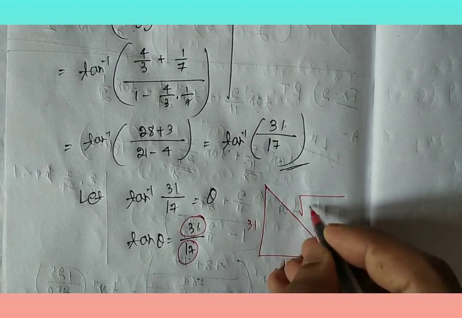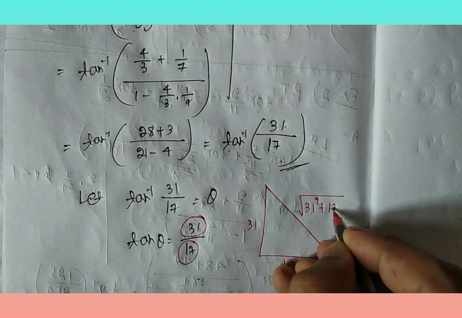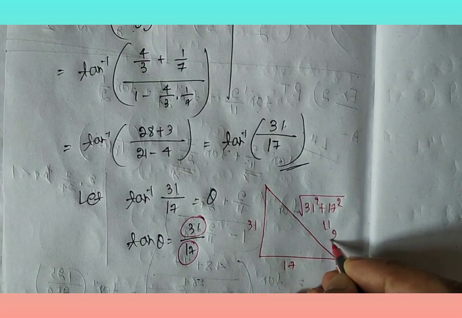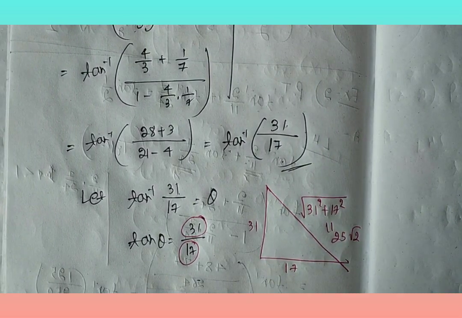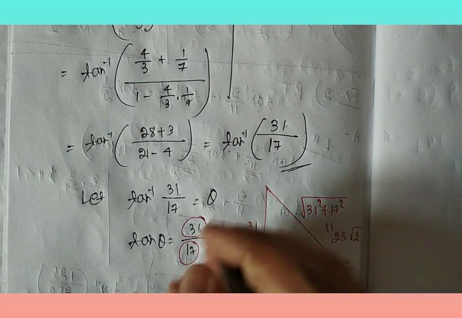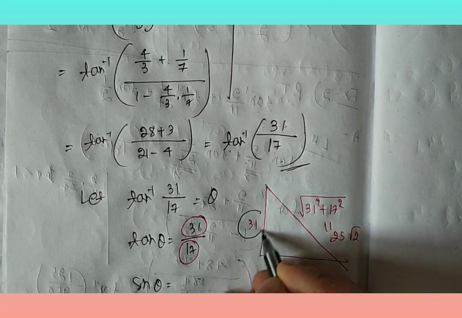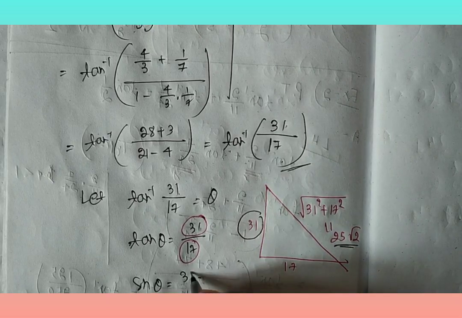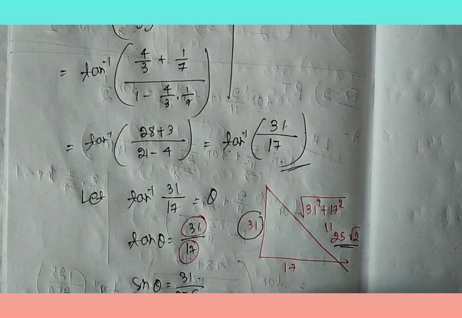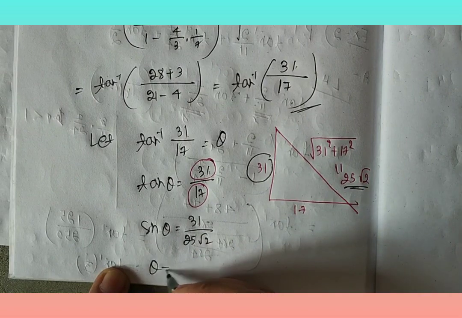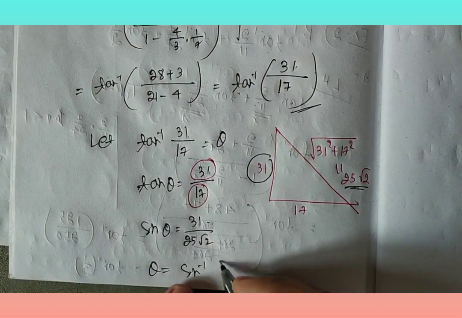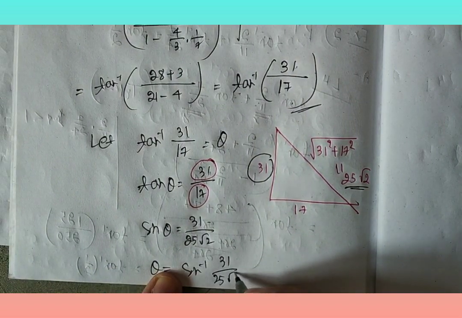Find its hypotenuse. 31 square plus 17 square is equal to 25 root 2. Now sin theta equal to perpendicular divided by hypotenuse, and theta equal to sin inverse 31 by 25 root 2. This is the answer.